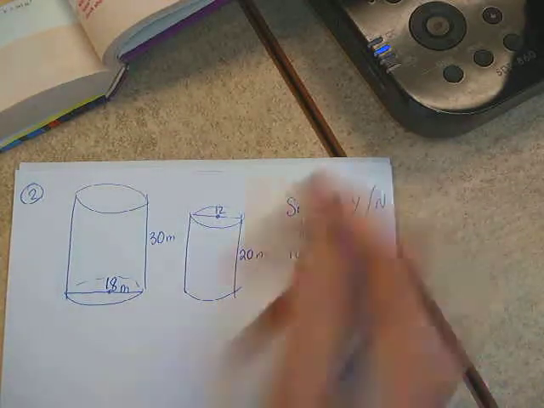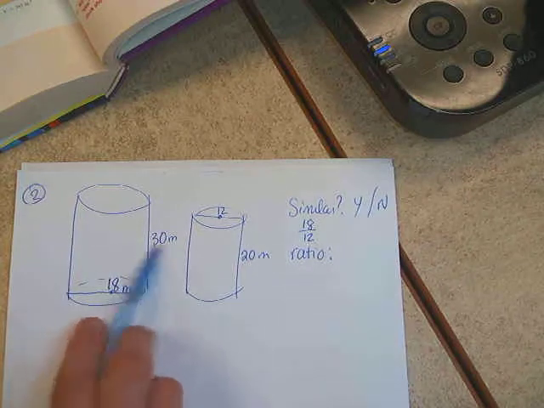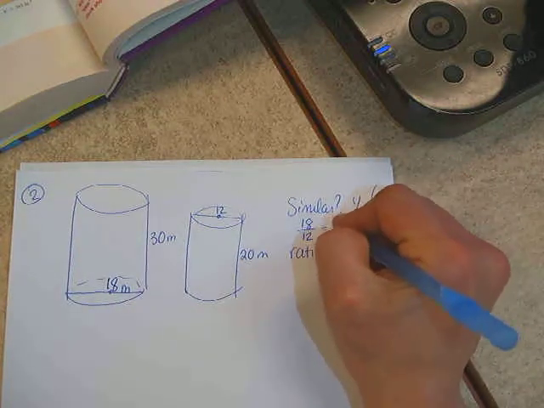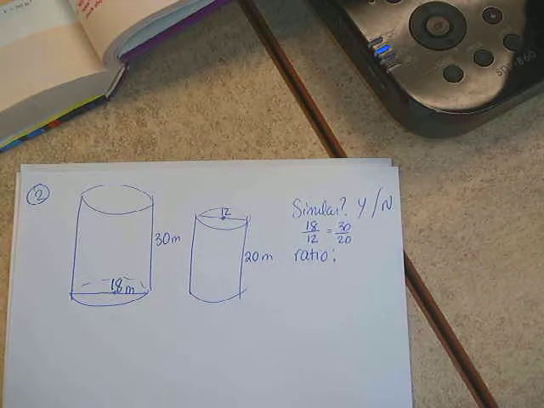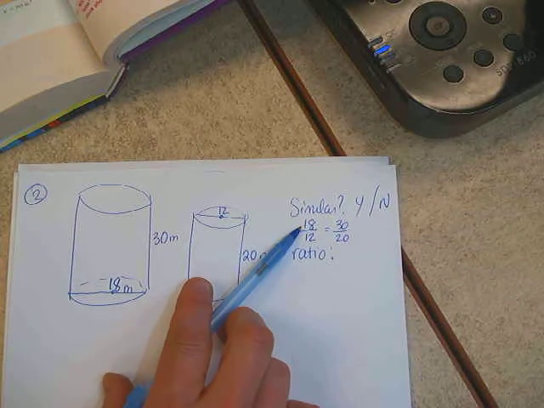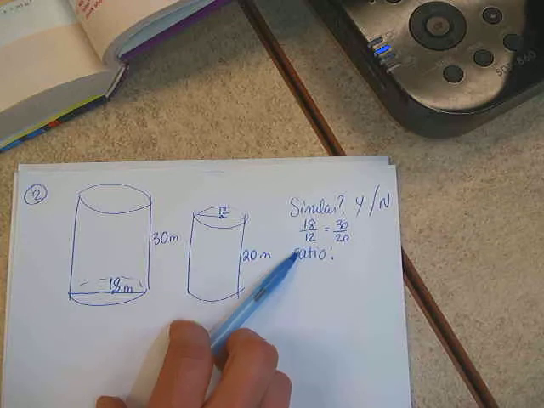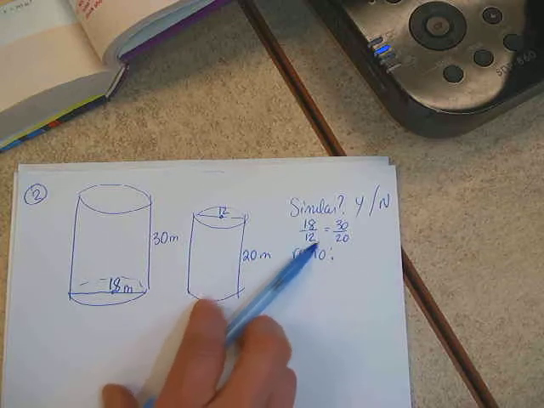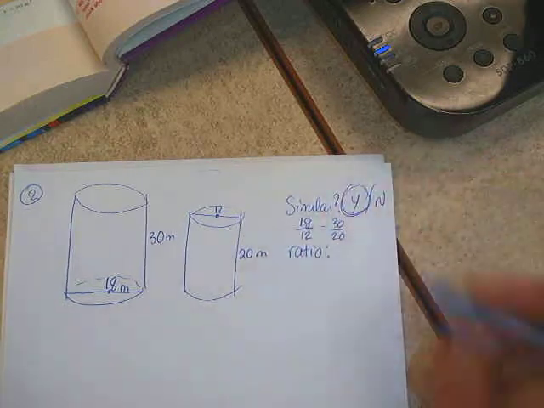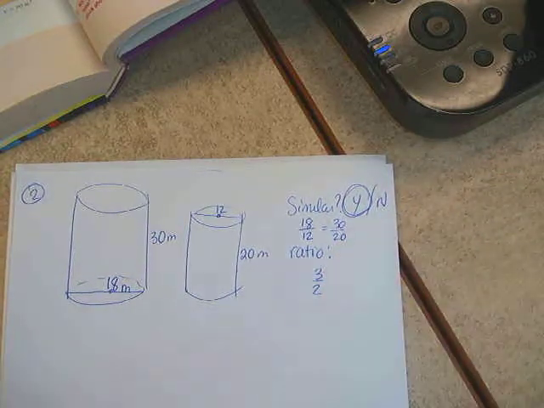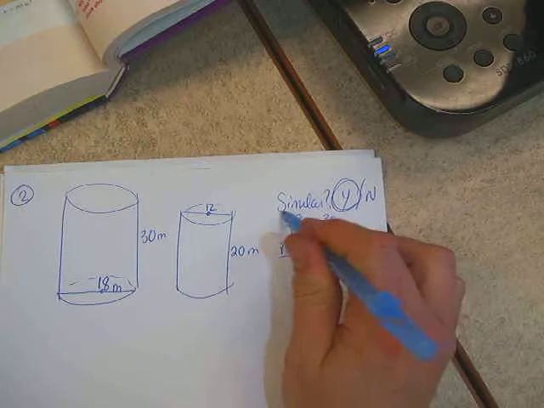So basically, the two parts in 1 through 4, are the two figures similar? You need to check both dimensions. With a cylinder, you have a diameter and a height, so you need to check both of those. And then give the ratio if they are. So diameter to diameter, if you go left to right, would be 18 to 12.